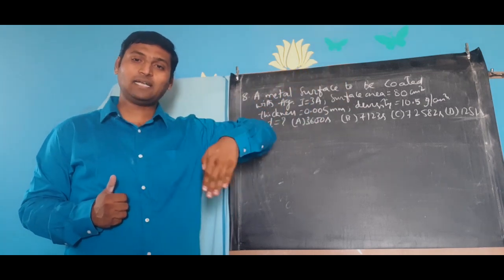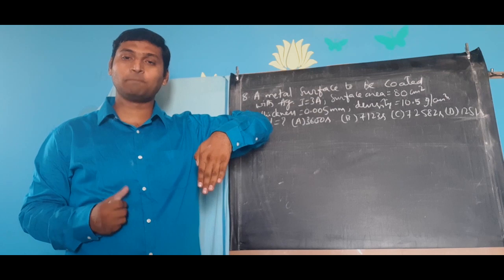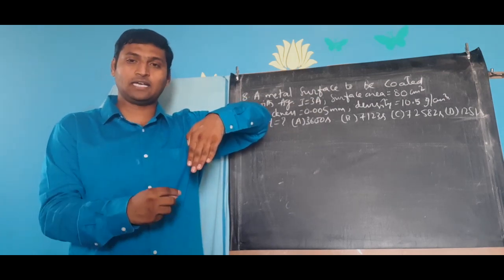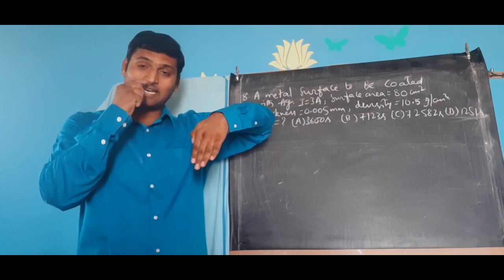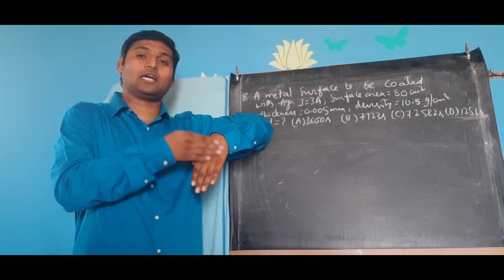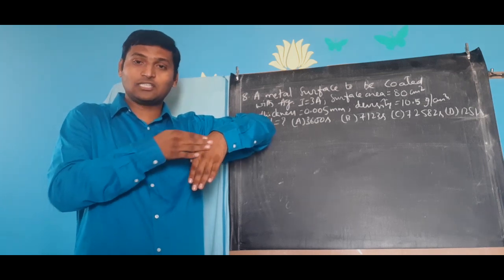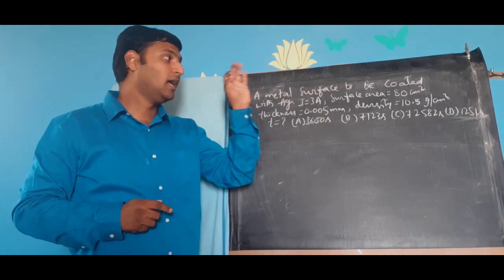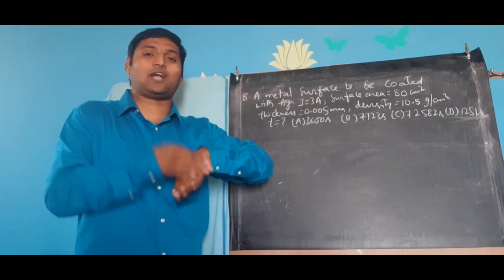So this is a question in the context of electroplating. So a metal taken as cathode and silver nitrate solution is taken as electrolyte. From silver nitrate solution, the silver ions get reduced and deposit on the surface of this metal, and that's how silver gets coated on the surface of this metal. Now the question is, how much silver is required?